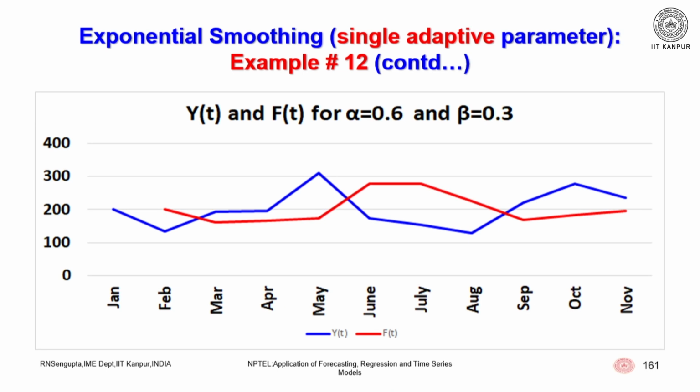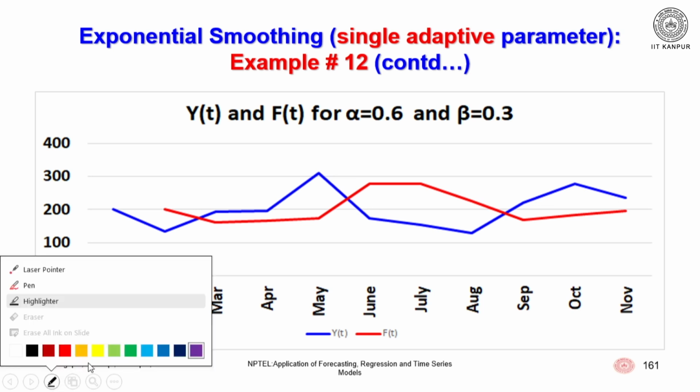Again we have for 0.6 alpha and 0.3 beta, we have the error which will be noted down very soon, but the graph gives you dark blue for Y and red for F, which is basically respectively the actual value and the forecasted value.